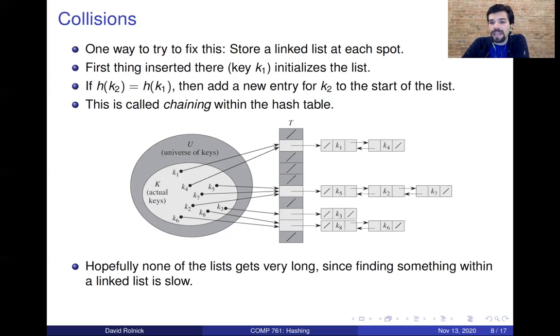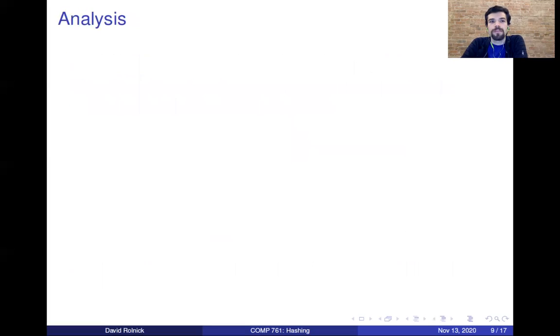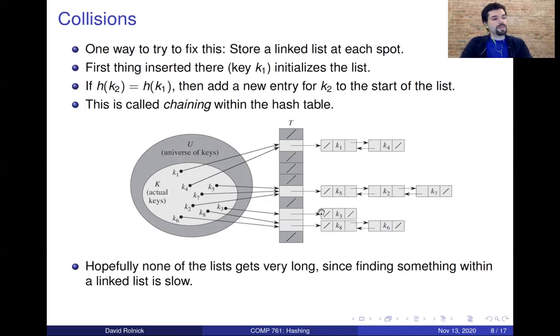If they were all in one linked list and we were trying to find a record, we'd have to go through potentially the entire linked list before we found it. Okay. Are there any questions about this so far?